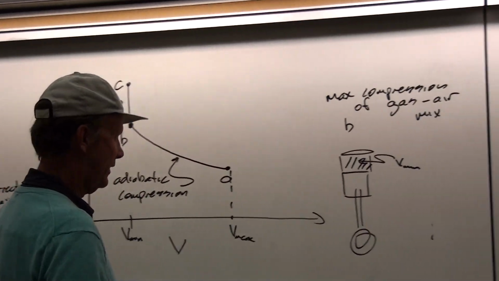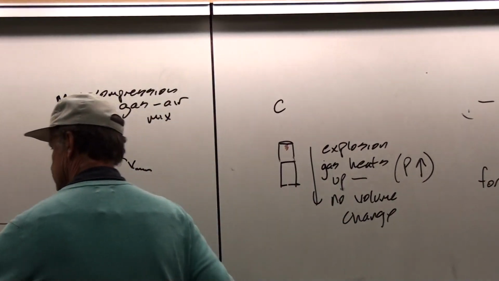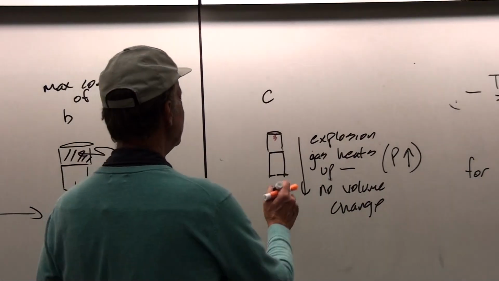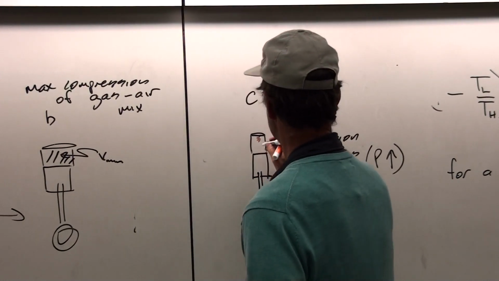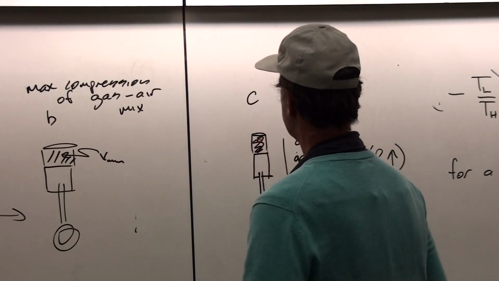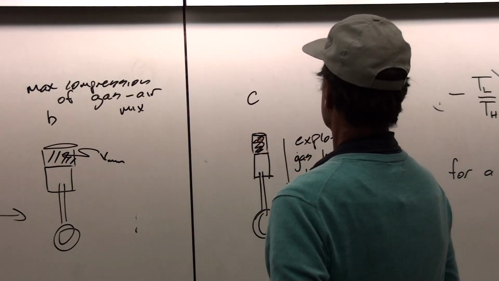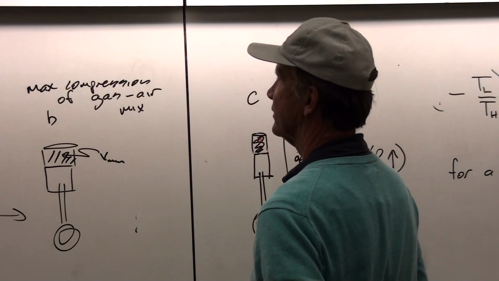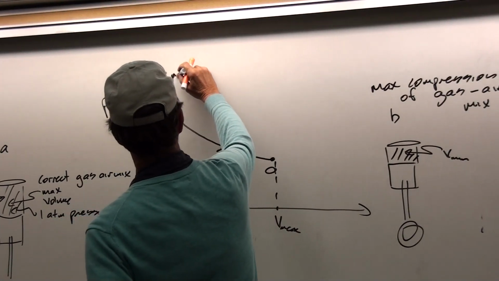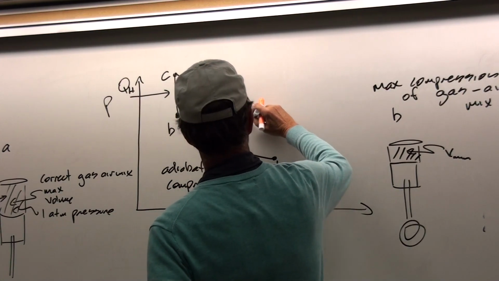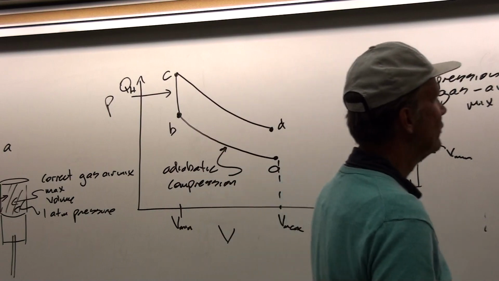The piston hasn't moved at all here, or maybe a little, but in the time it takes for the explosion to occur, we just have a much more highly energetic kinetic energy for the molecules in the system. And so now it's ready to expand back down to point D. So from C to D, we have the power stroke.